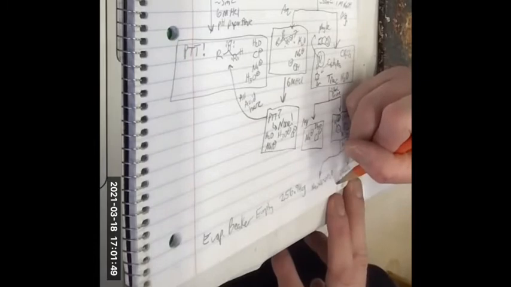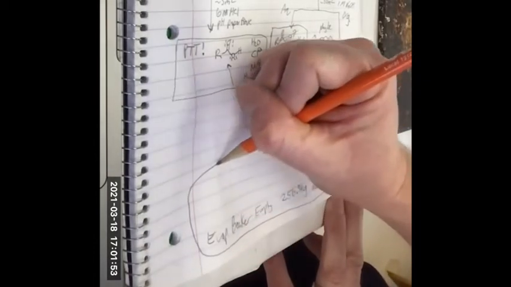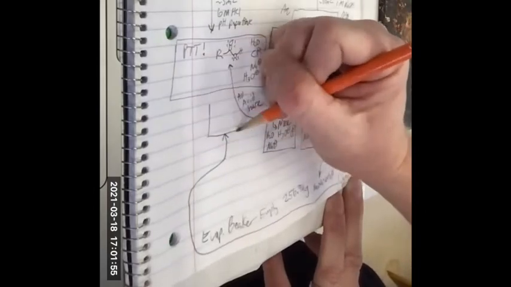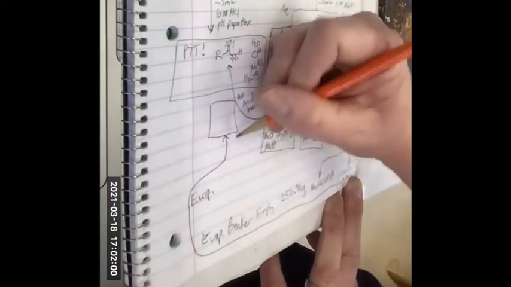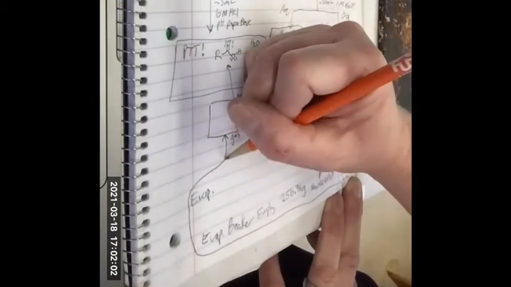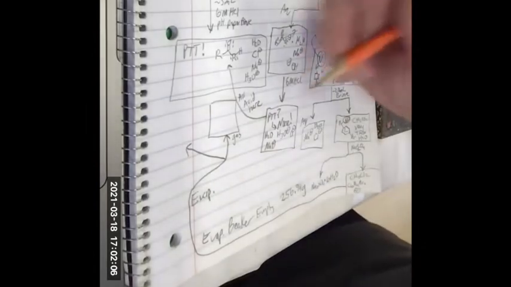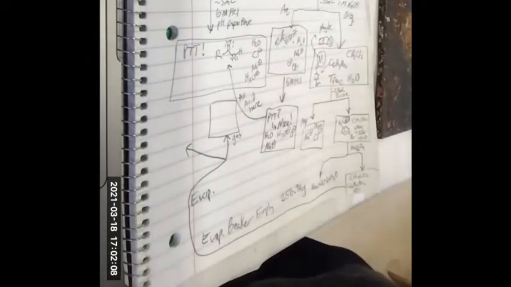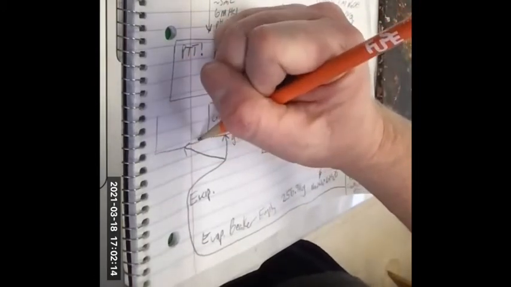And then this guy we're letting evaporate. And what's in the evaporation? What's the gas over here? Methylene chloride. Yeah, methylene chloride gas. And then we're left with a solid.